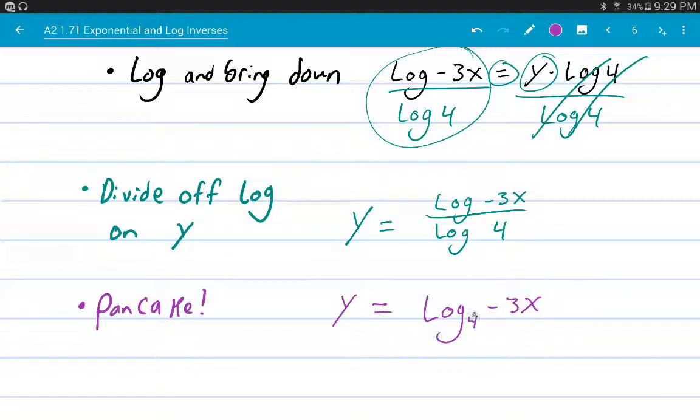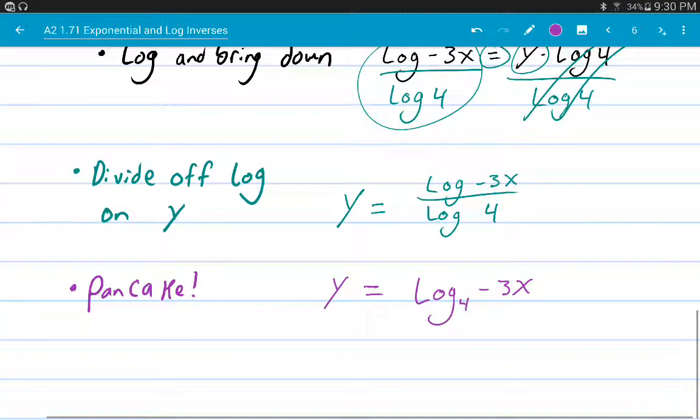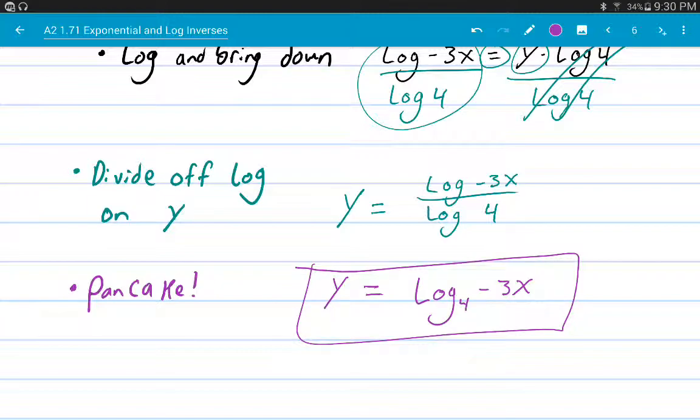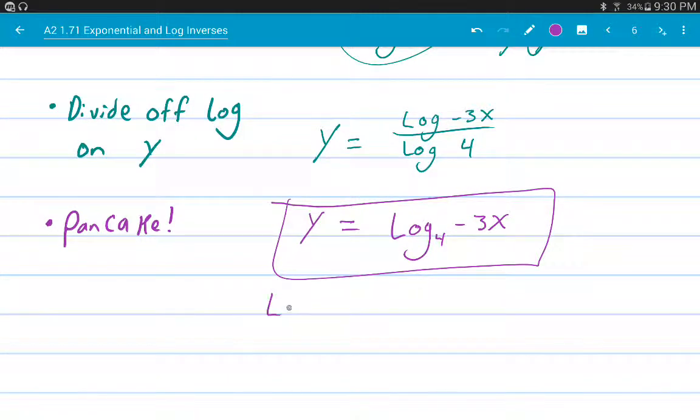And so this stays as the base, and the negative 3x stays in line with the log. It's now the argument, the thing that the log is being applied to. Y equals log base 4 of negative 3x. And the way we pronounce that, by the way, is log base 4 of negative 3x.